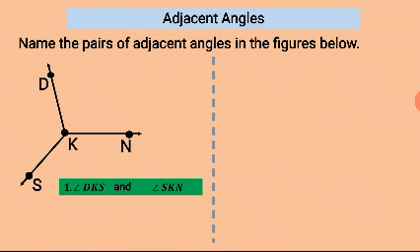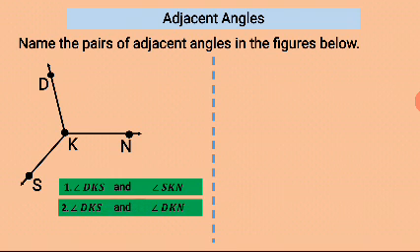In these two angles, KS is a common arm. K is a common vertex.